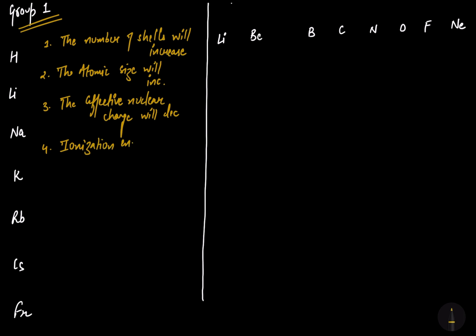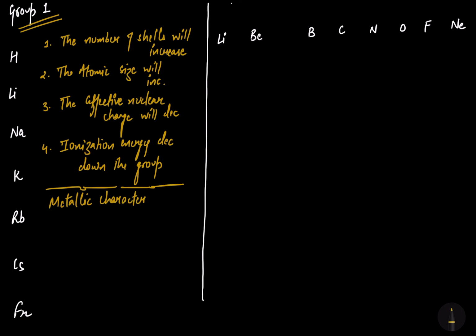Thereby the ionization energy decreases down the group, due to which our metallic character increases down the group.